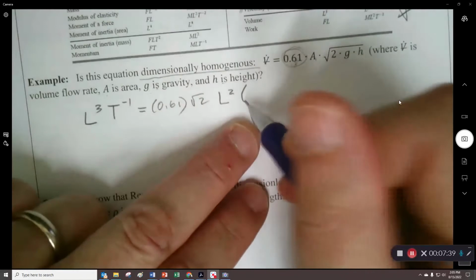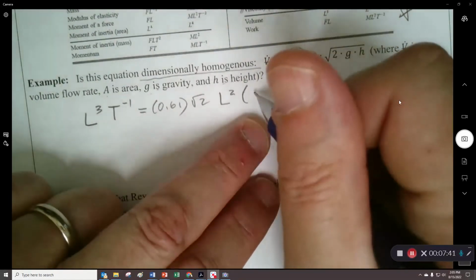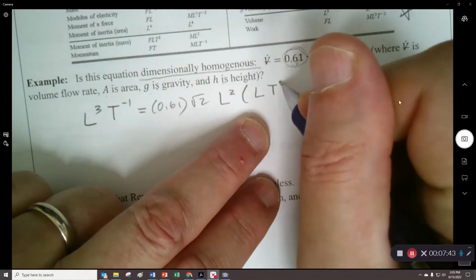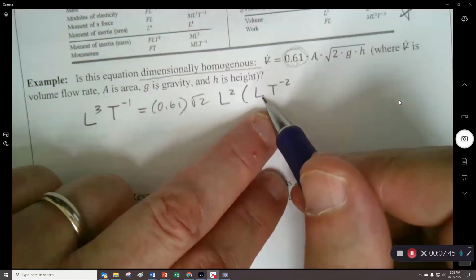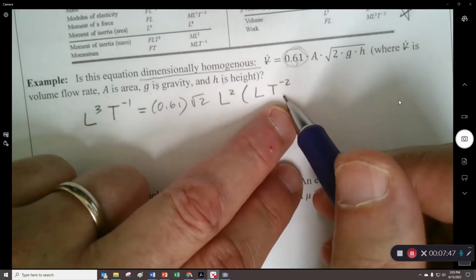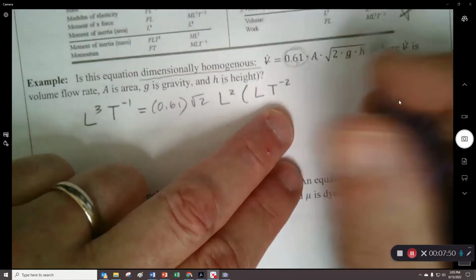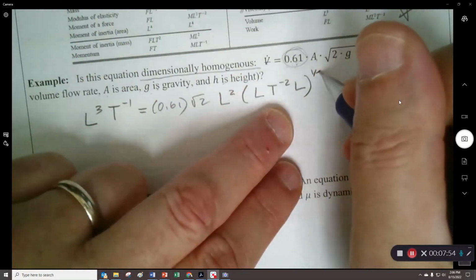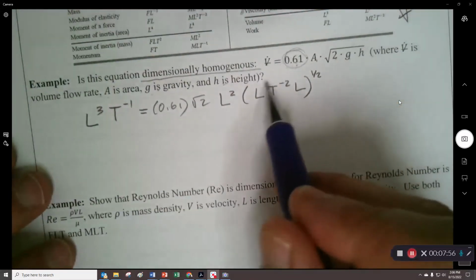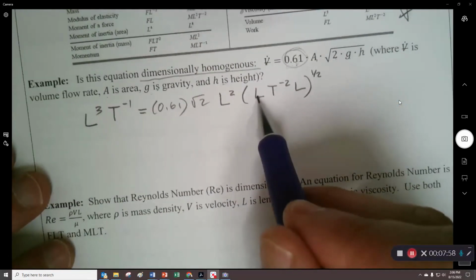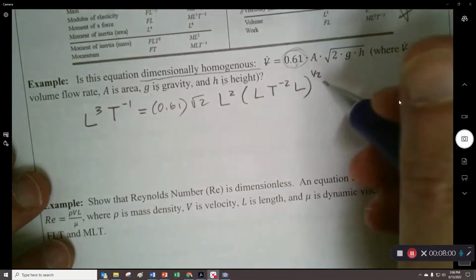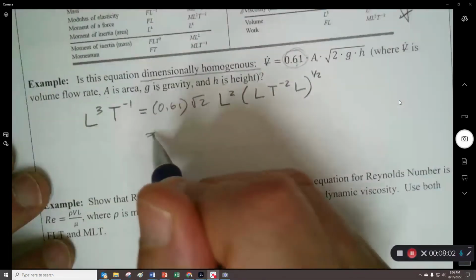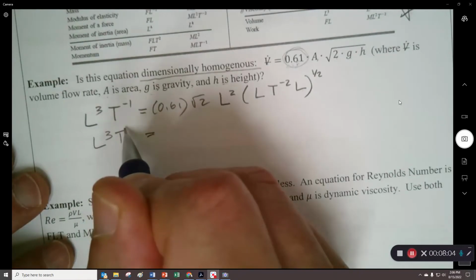And acceleration of gravity is LT minus 2, right? Because that's acceleration, so length per time squared. And then it's multiplied by height. But it's the square root of it right here, right? So one thing we should know is that these two right here, this is squared, right? So I'll rewrite the thing out, even though it's going to take a little more time.